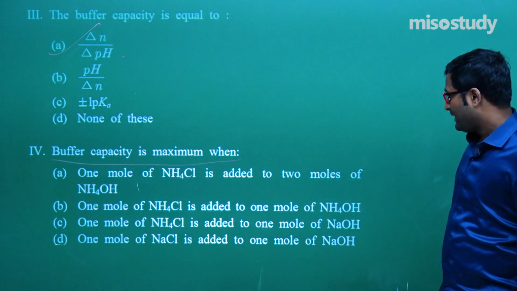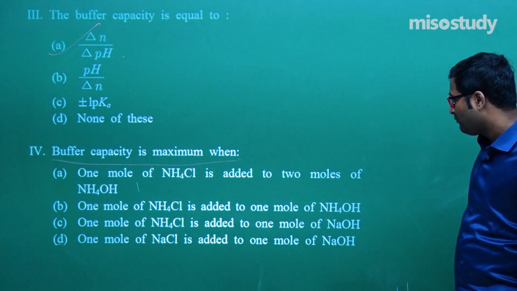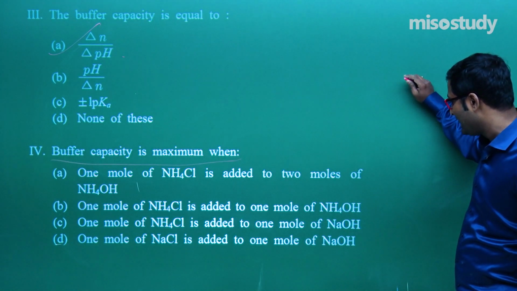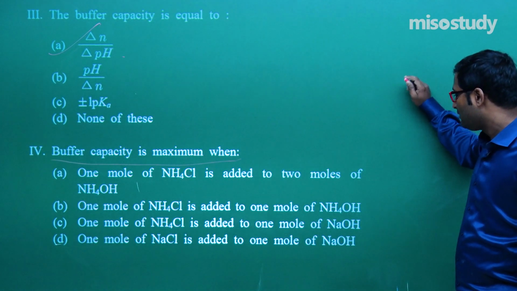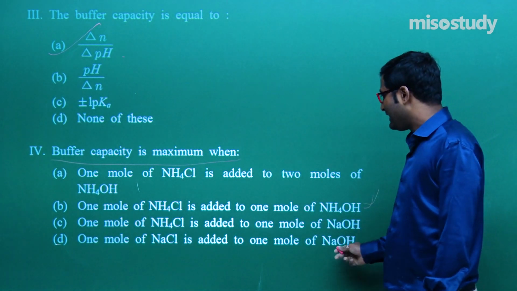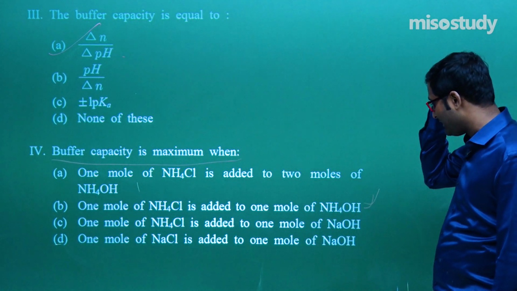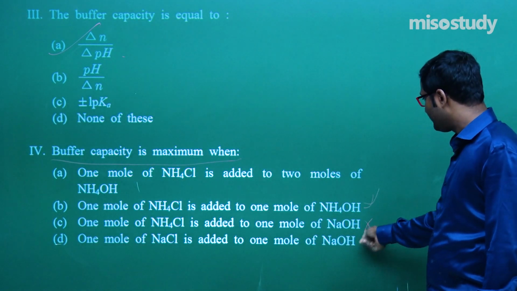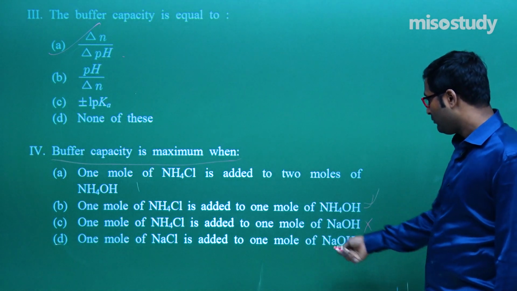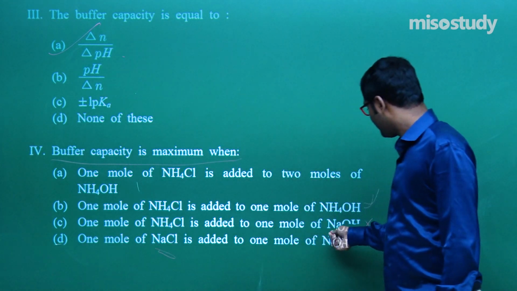In this case, when 1 mole of NH4Cl is added to 1 mole of NH4OH, that is less, denominator is less and moles increment. So this one is not possible, and 1 mole of NaCl, this one is not possible because this one is neutral and this one is strong.